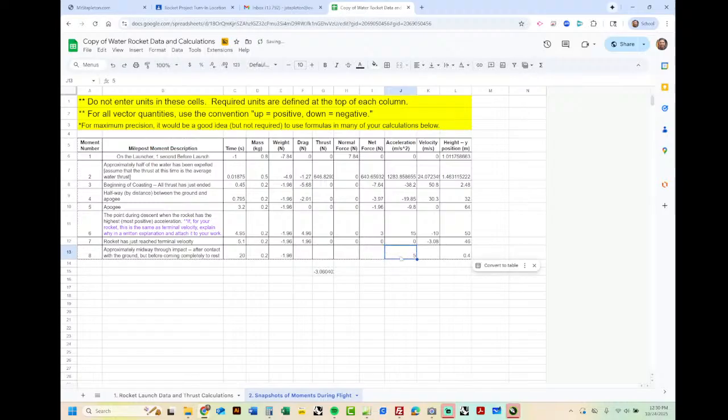So there's an upward acceleration of 5 when it hits the ground, and that means the net force is going to be the mass times that acceleration. And so the net force is just 1.